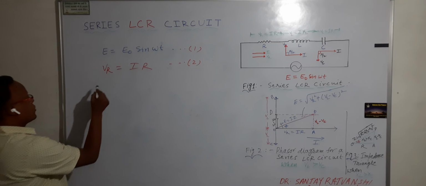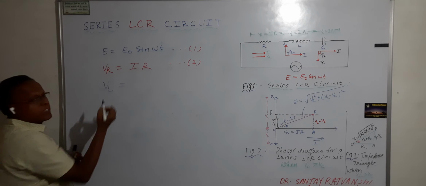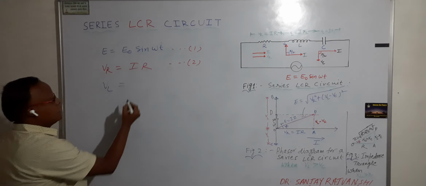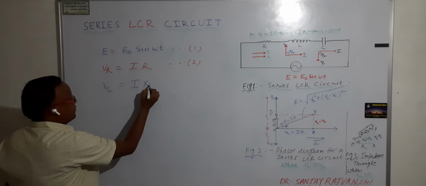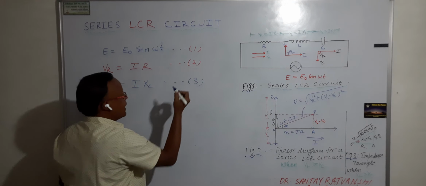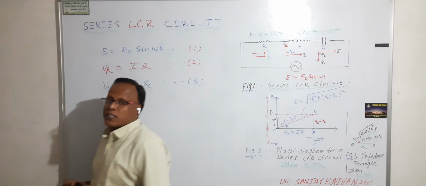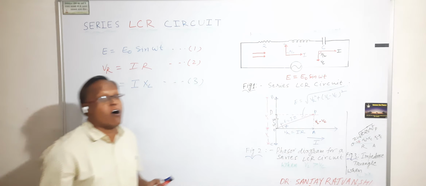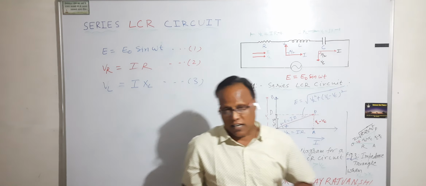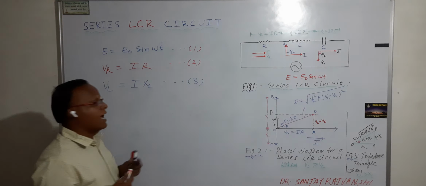VL, the voltage across the inductor of inductance L, is VL is equal to IXL. What is XL here? XL is the resistance offered by the inductance in the AC circuit. That is called inductive reactance, denoted by XL.